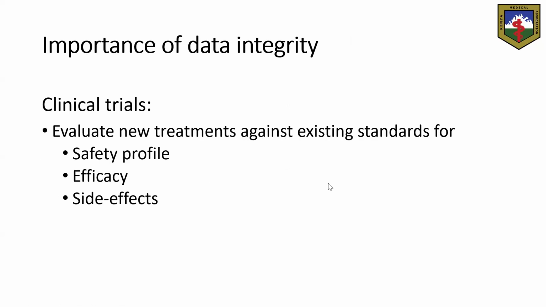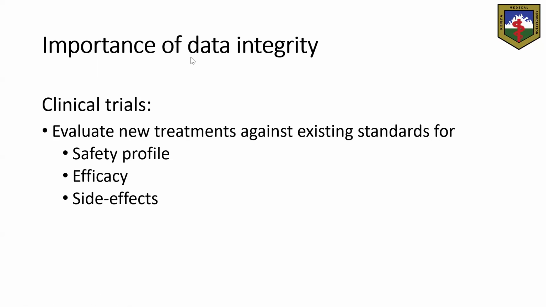Importance of data integrity. Clinical trials are basically the gold standard that we use clinically to evaluate new treatments against what you can call a standard of care. And we assess things such as safety profile, efficacy, and side effects whenever we do clinical trials.